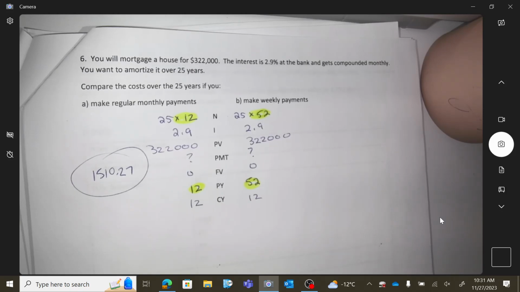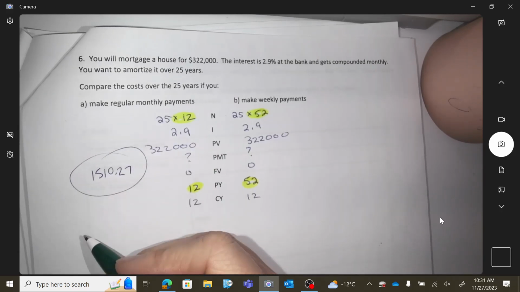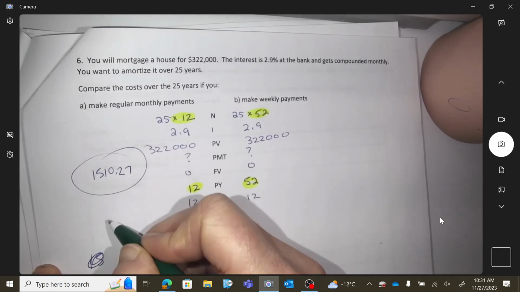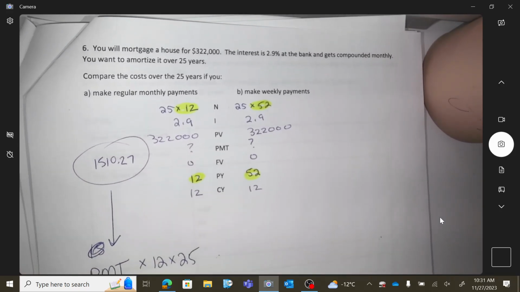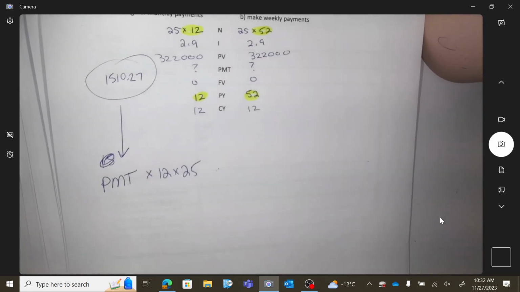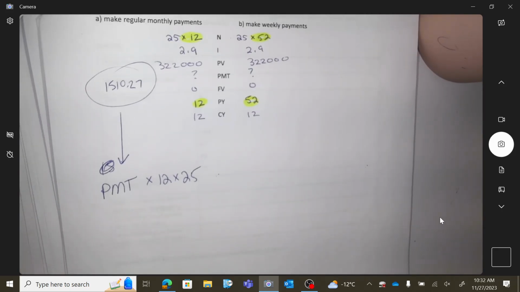Okay, don't erase it. Don't go to the other side yet, because I need to do all the stuff yet. So I'm going to be doing the total costs. So I'm going to do the payment times 12 times 25. So if I pay that every month for 25 years, give me a copy paste.